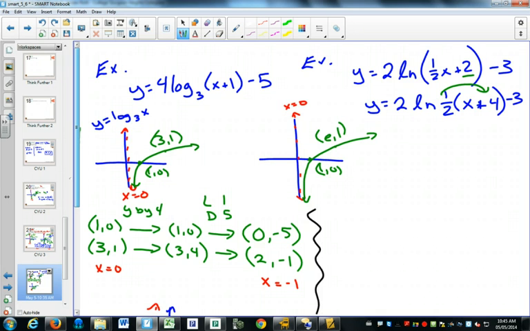So again, you would take your points, 1, 0, e comma 1, and our asymptote. We'd go through here. We have two stretches. Your y values are going to be multiplied by 2, and your x values, because of that half, get multiplied by 2.